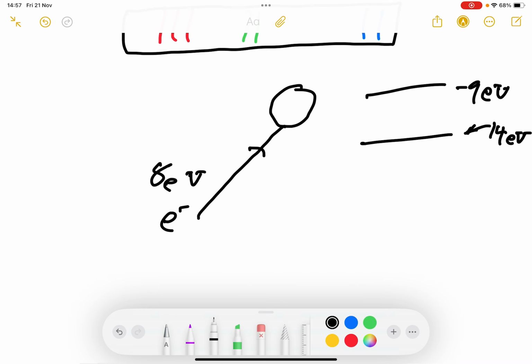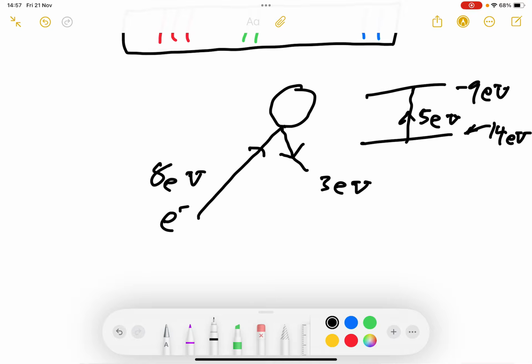We need 5 electron volts of energy, don't we? Just trying to keep the numbers sensible. So that means our electron can zip off with 3 electron volts, and that will leave 5 electron volts over to cause our excitation. So provided the electron has sufficient energy, the excitation can occur.